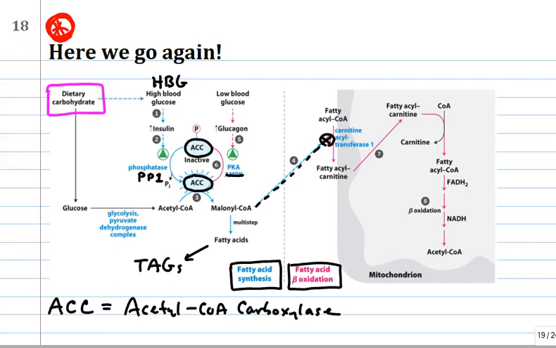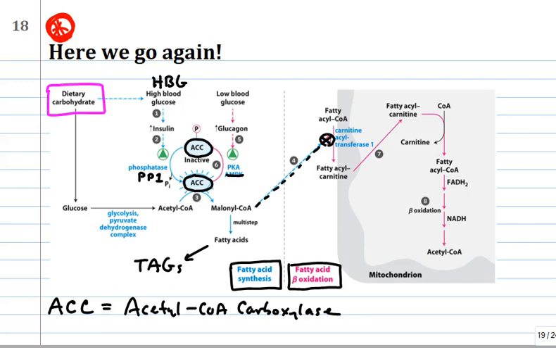That's what this is telling you here. Malonyl-CoA blocks carnitine acyltransferase 1. It's an allosteric inhibition. And so not only is fatty acid synthesis promoted via insulin action, beta oxidation is suppressed.